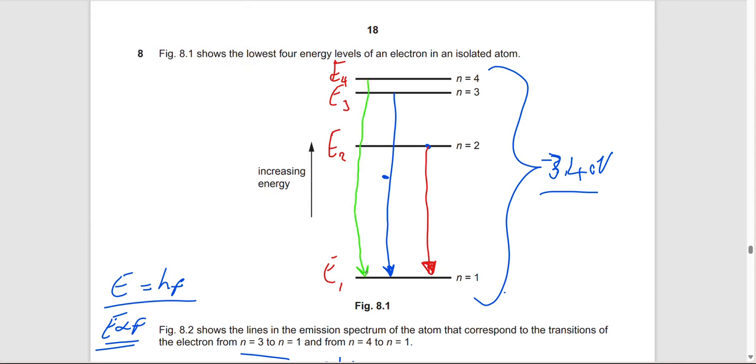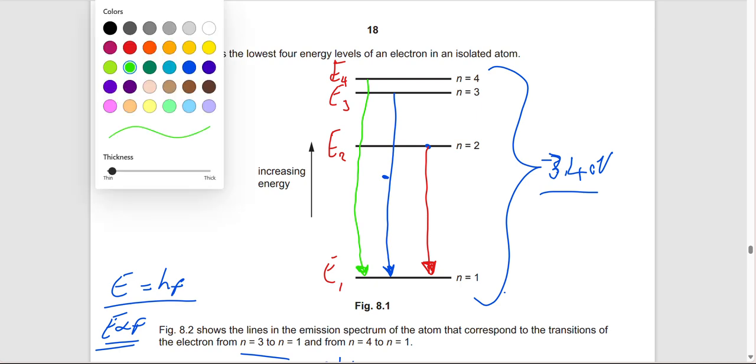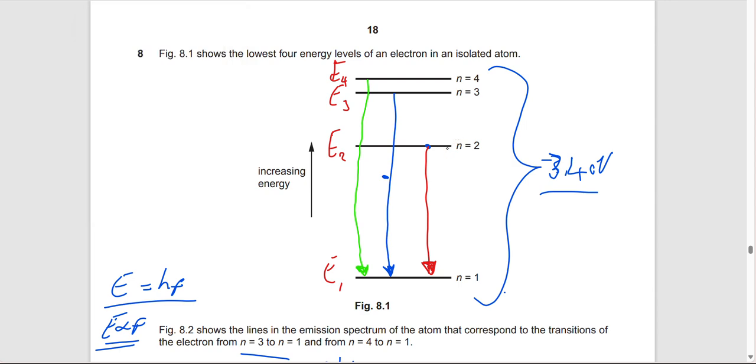That green line is the greatest energy change, followed by the blue line, right? And then we have the yellow from n equal to 2 to n equal to 1, right?